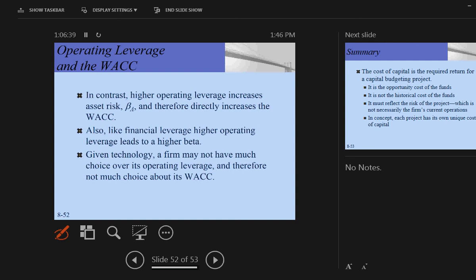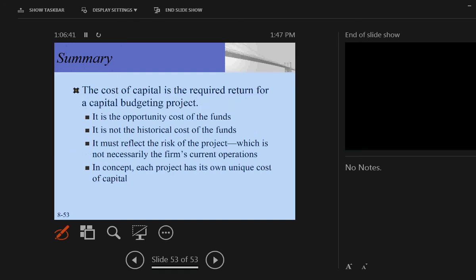Okay, let's summarize chapter 8. We have this cost of capital, which is the required rate of return on a capital budgeting project. It's the opportunity cost of the funds used in the project, so it has a market implication to it. That's why we can use CAPM. It is not the historical cost of funds. It's not an accounting concept.